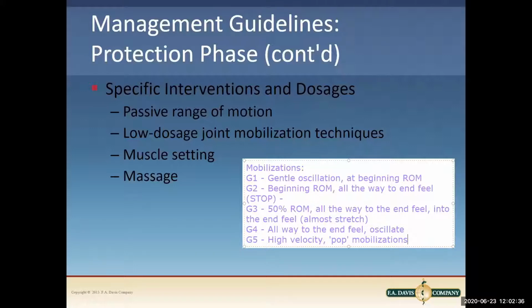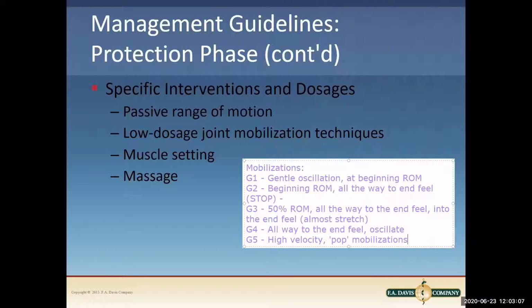So for that acute phase, we're going to start with grade 1s. Maybe if the PT clears it, we might get to grade 2s, but primarily we're going to be grade 1s. A knee injury is a great example, because a lot of times with a knee injury, we're going to do patellar mobilizations, where we mobilize the patella inferiorly, superiorly, laterally and medially. For grade 1, we're just going to get on the patella, find the superior and inferior aspects of it, and oscillate very little.